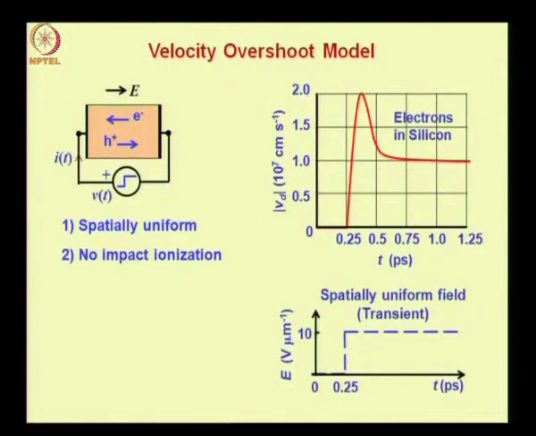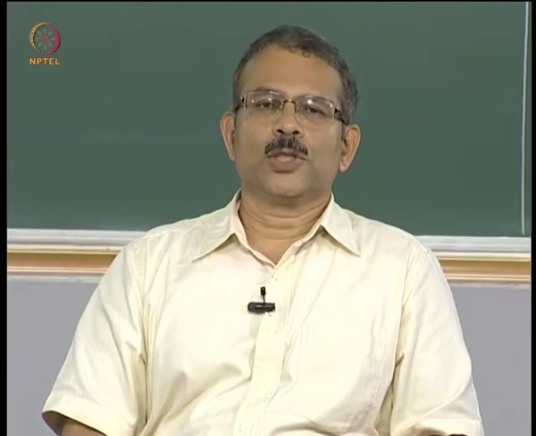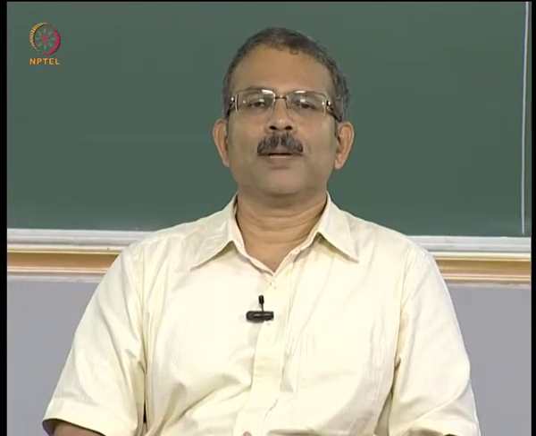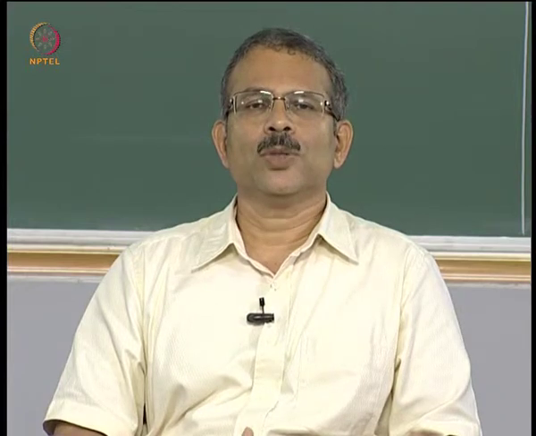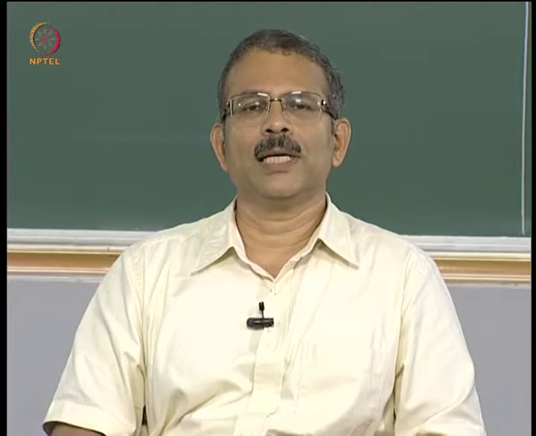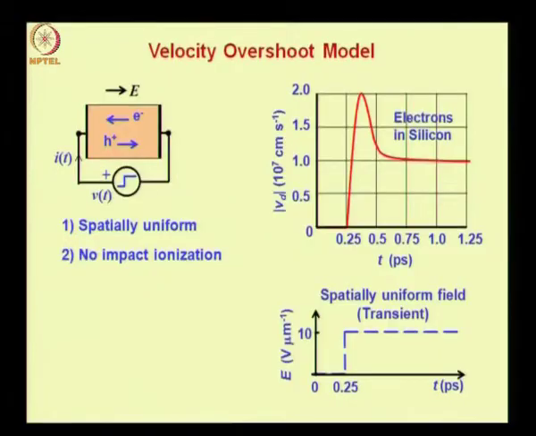Now similarly, let us look at the modeling of the velocity overshoot, which is a little bit more complex issue as compared to the velocity saturation. However, we will find that the same set of energy balance equations will be used here, and we will be approximating the terms depending on the condition. So our conditions are that you have a uniform semiconductor and you are suddenly stepping the voltage to a high value.